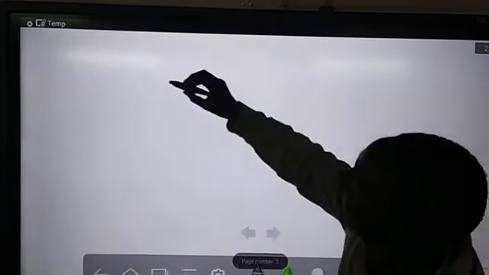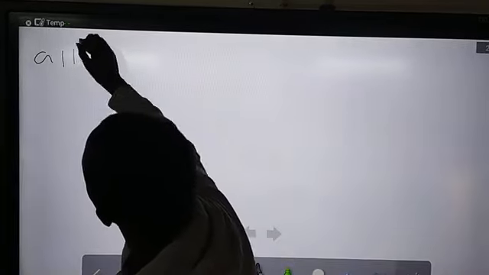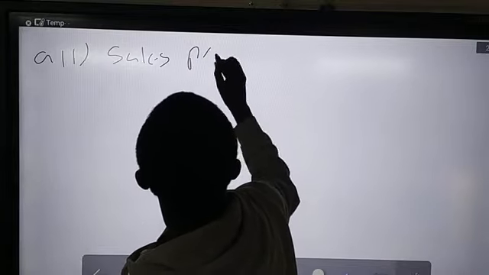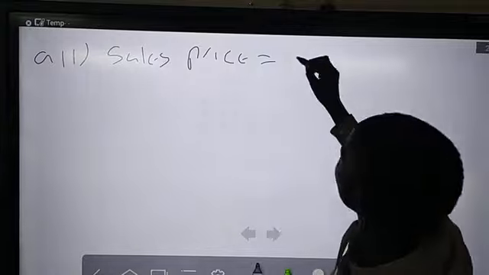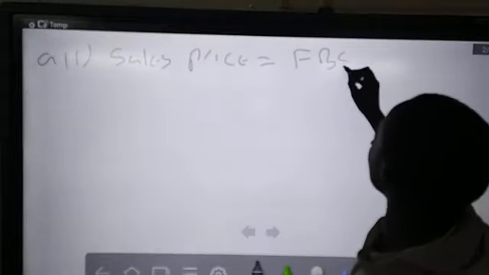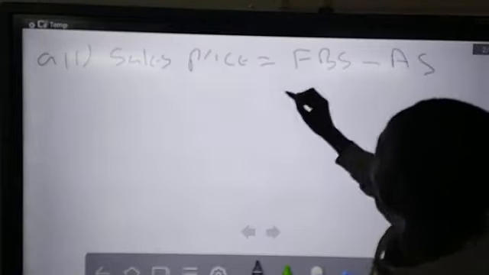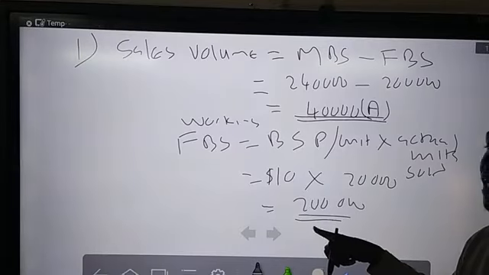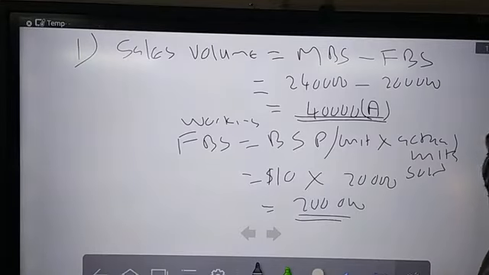The next one, number 2, that's sales price variance. The formula is FBS minus AS. The FBS we have just calculated. Let's now check how much was our actual revenue.